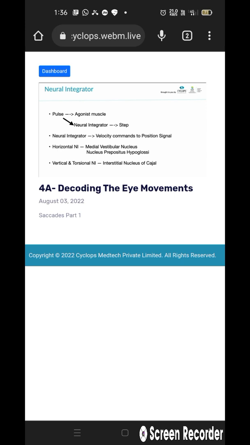The neural integrator for the horizontal saccades lies in the medulla, particularly the medial vestibular nucleus and the nucleus prepositus hypoglossi. The neural integrator for the vertical and torsional saccades lies in the interstitial nucleus of Cajal.